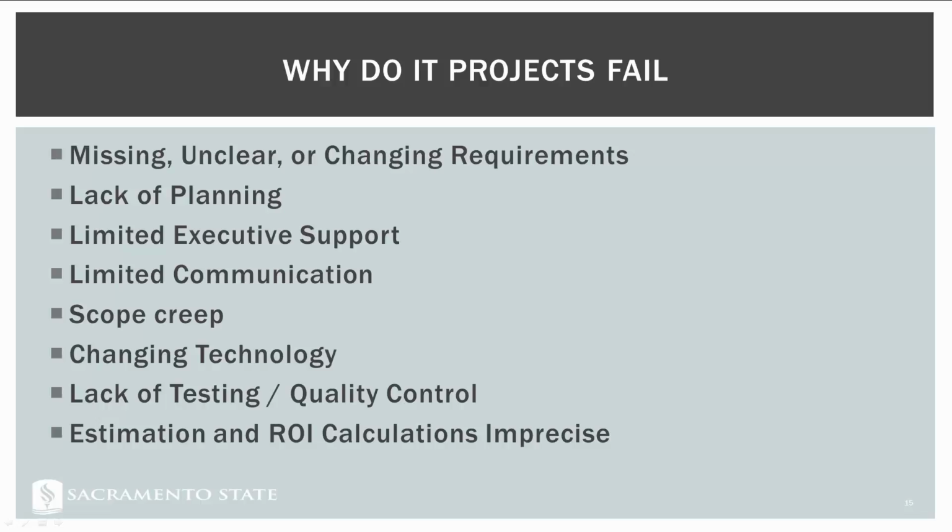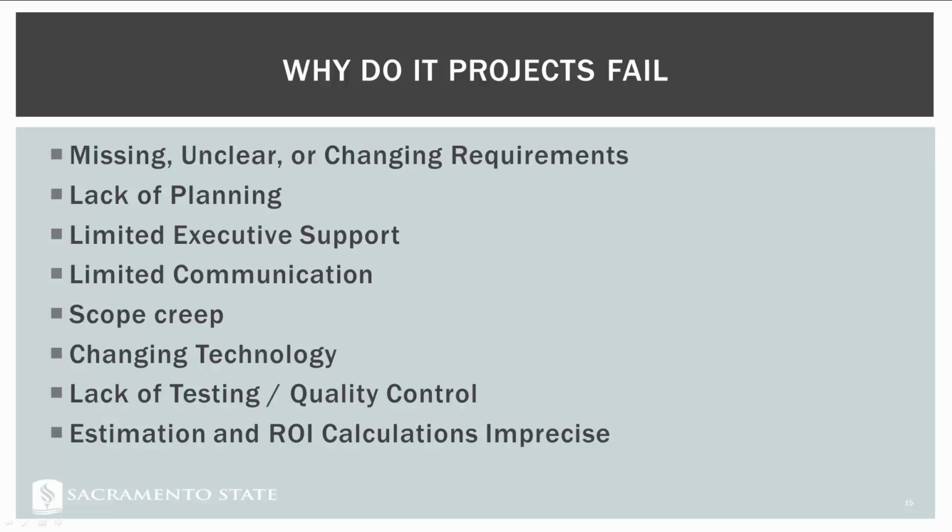You might need a manager or divisional support or something like that. But a lot of IT projects fail because they don't have the executive support. So when an executive changes, or when an executive notices the project and goes, why are we committing resources to this? Who ordered this? When the executive support isn't there, oftentimes projects get canceled or changed, or there are problems.